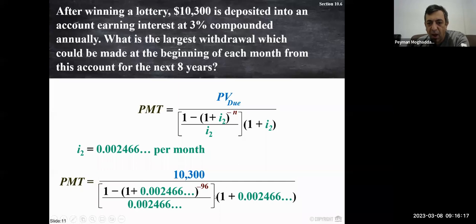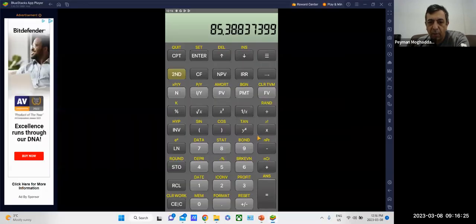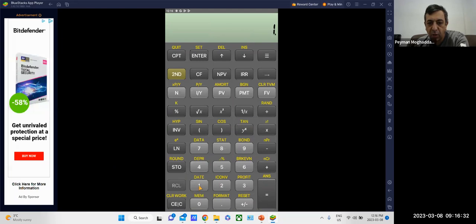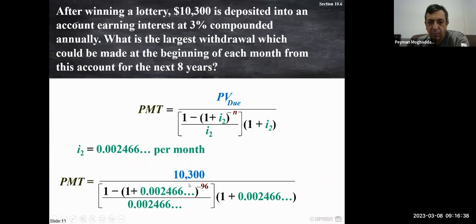So now I have to multiply this whole thing by 1 plus I2 again. So multiply by open parenthesis 1 plus recall 1. Okay, so now I multiply this guy by that. So now I have the whole thing in the denominator.